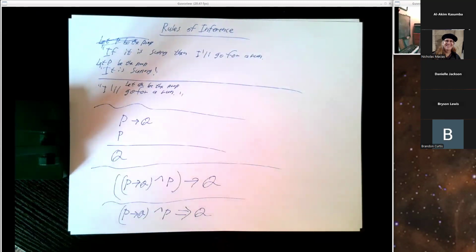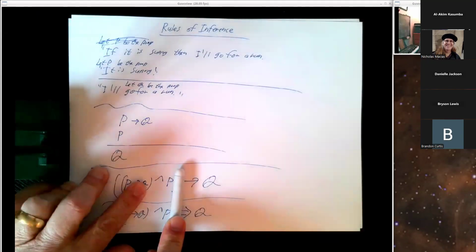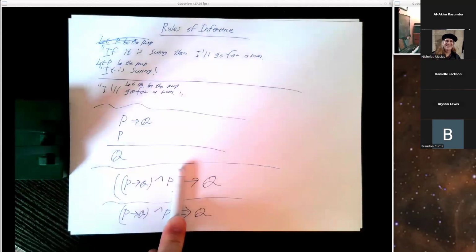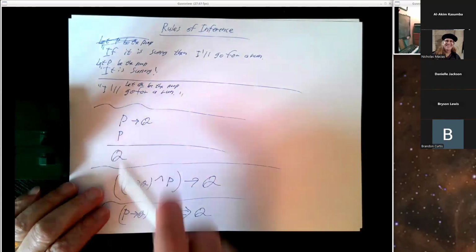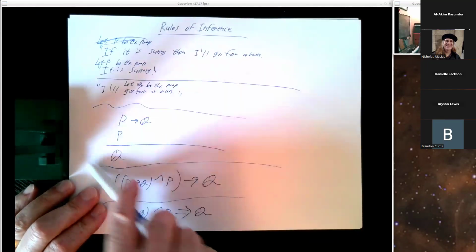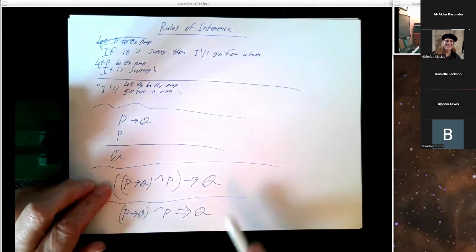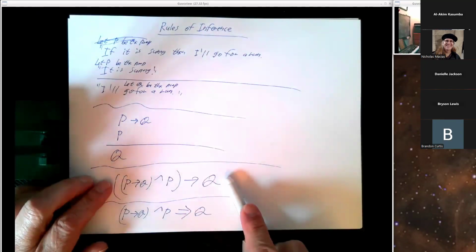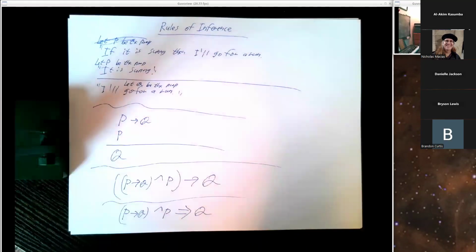But if I got rid of the parentheses and I just had a single arrow, this looks like P implies Q and P implies Q, and that's ambiguous. So when we're doing proofs, we'll usually use this form because it's cleaner and easier to break down. But we can think of it as logically meaning this. When you look at it in the textbook, especially for the exercises, you'll see it in this form. They all mean the same thing.